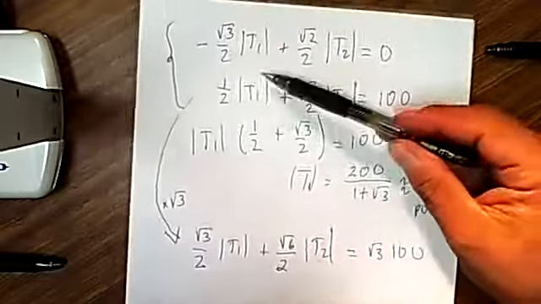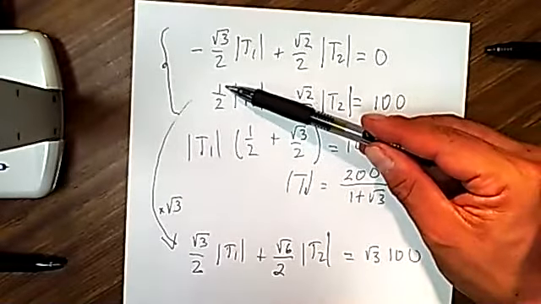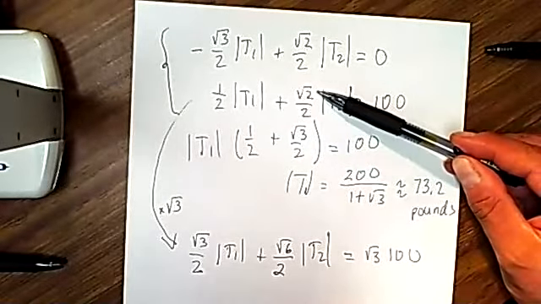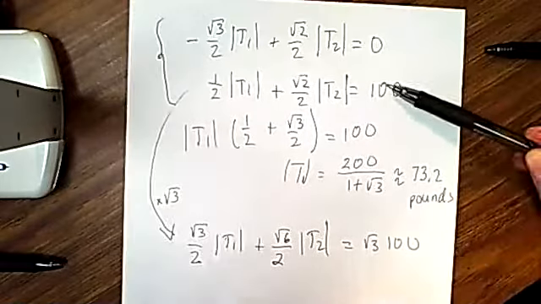Let me double check. So we multiply this by the square root of 3, multiply this by the square root of 3, and multiply that by the square root of 3.